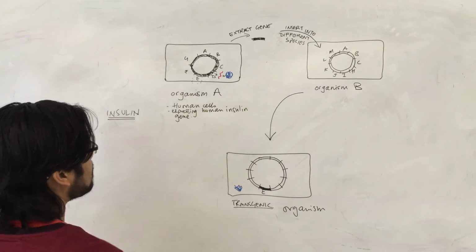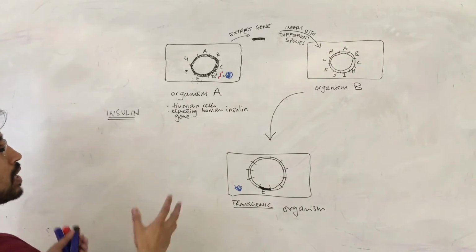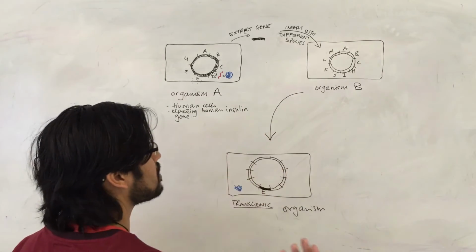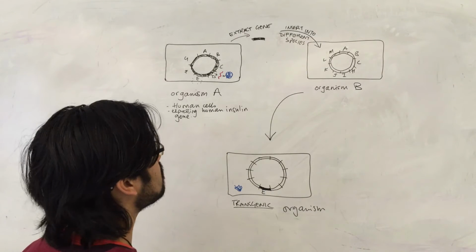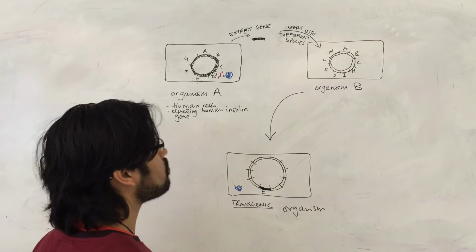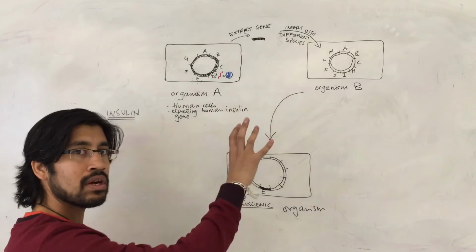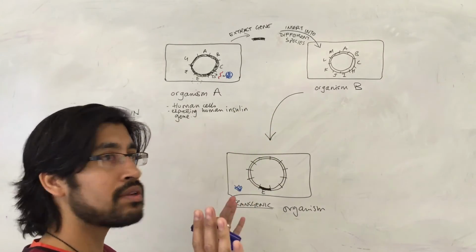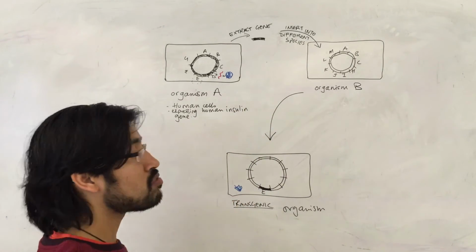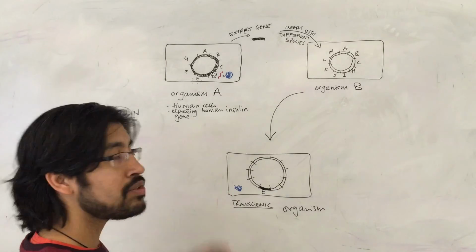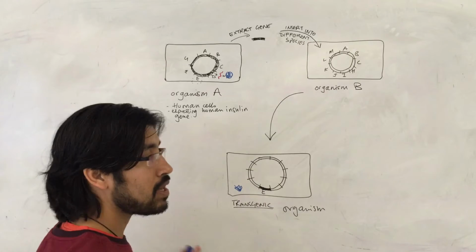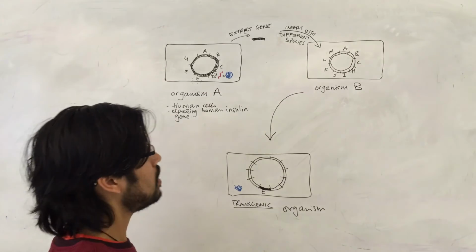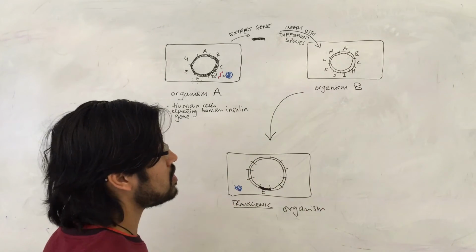So that's the situation in organism A, but it's not practical to extract insulin from human beings. So what we'd rather do is put it in bacteria, which multiply really fast and can produce really large quantities of insulin, and much more cheaply than extracting it from pigs, as well as other advantages.